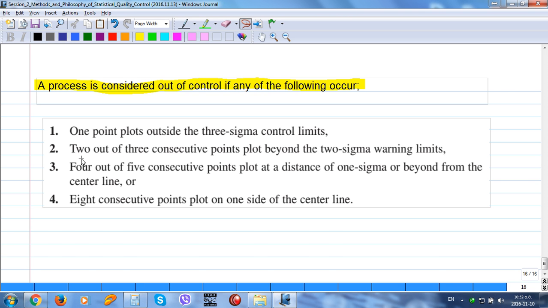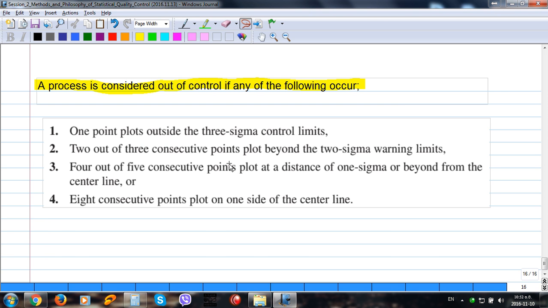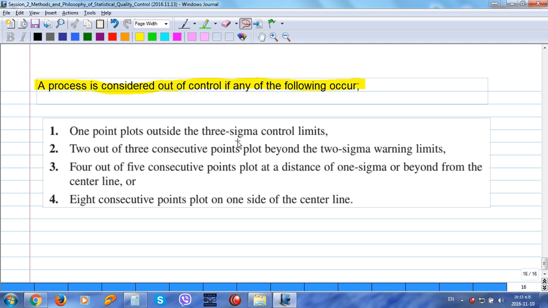Second: 2 out of 3 consecutive points plot beyond the 2 sigma warning limits. Out of 3 consecutive points, at least 2 go beyond the 2 sigma warning limits, and that also means out of control.